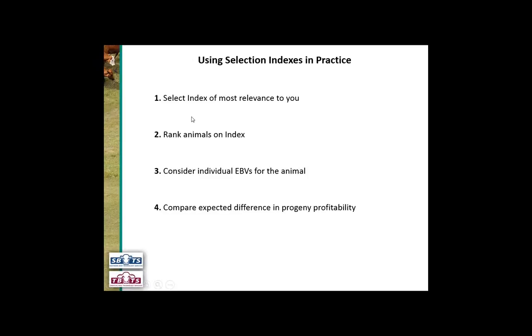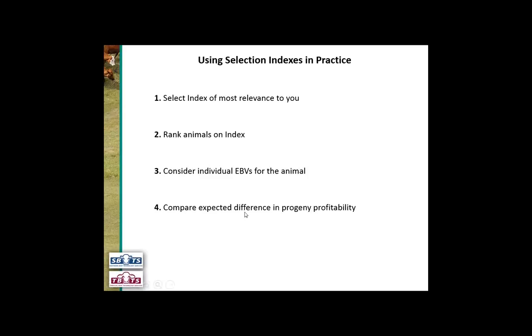We also suggest that having ranked animals on their preferred index, it's always worth having a look at the individual EBVs of the animals with those particular indexes. And I'll show you an example later on that you can get quite different ranges of EBVs for 2 or more animals that actually have the same index, and I'll demonstrate that to you later.